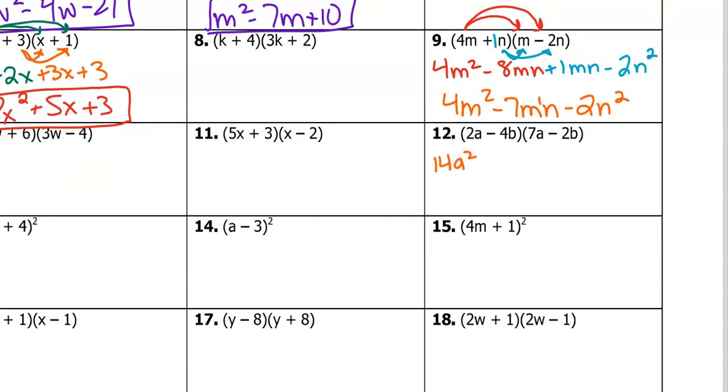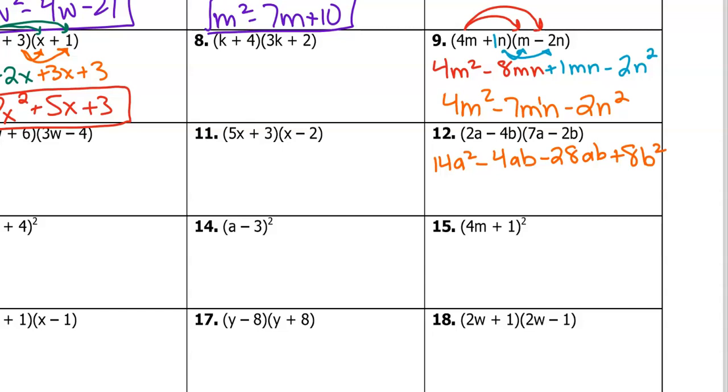14a squared, then minus 4ab, then plus, I lied, minus 28ab, positive 8b squared. 2 times 7 is 14, right?